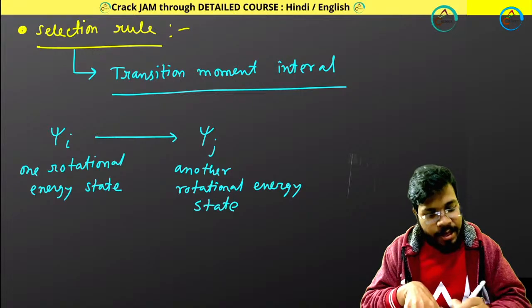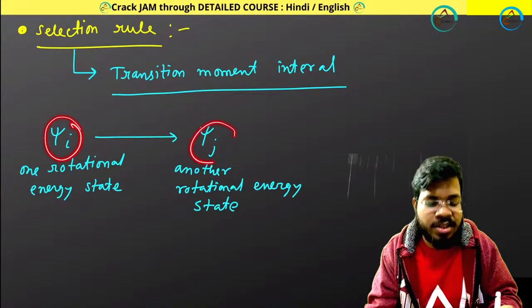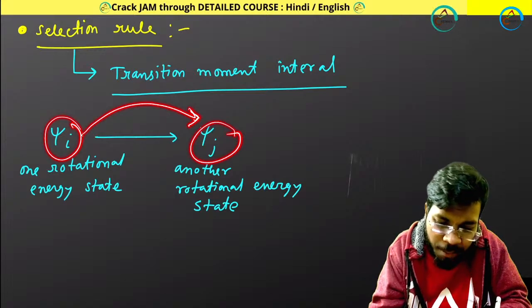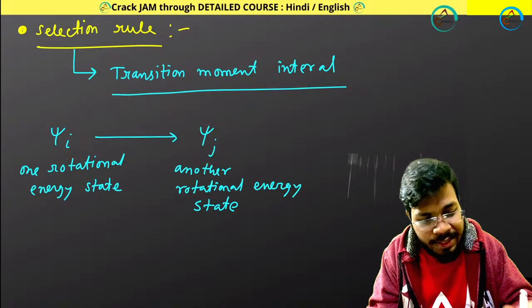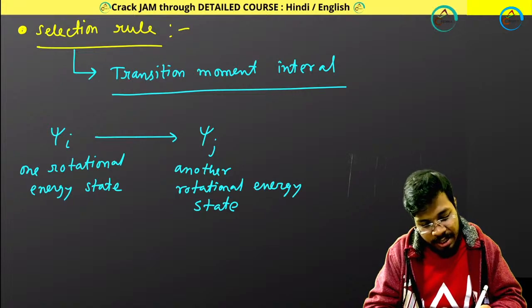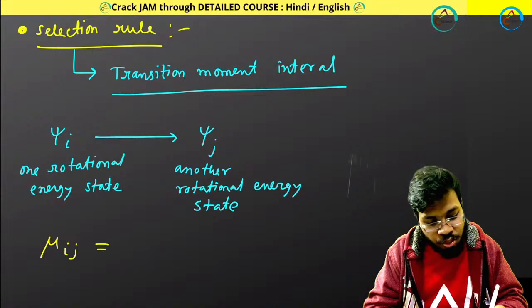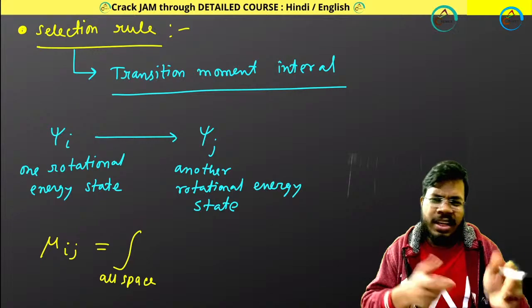Whether the molecule will jump from this energy state to that energy state will be decided by the transition moment integral, represented by this expression mu ij, which equals the integration over all space, because it is definitely in 3 dimensions.